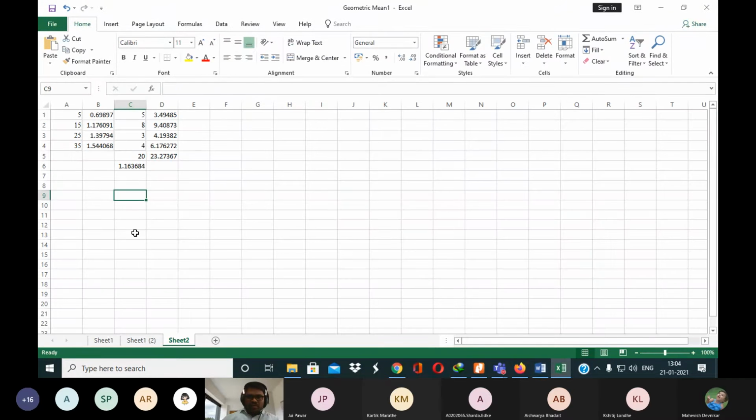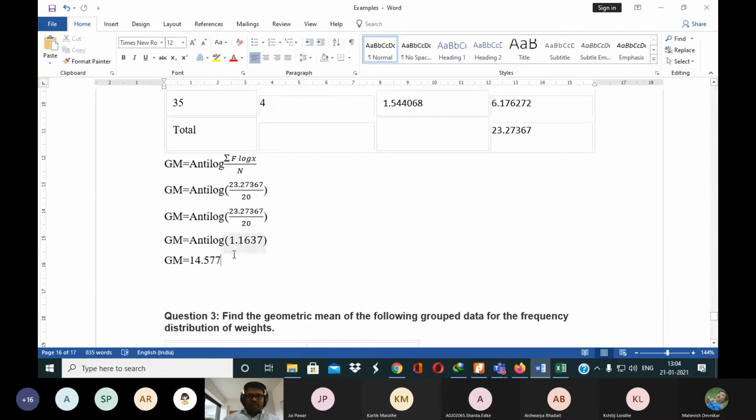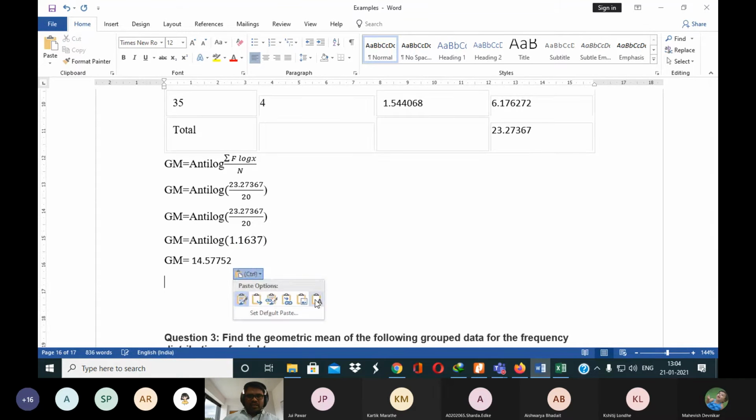For geometric mean equal to 10 raised to this value, 14.5775. Okay, so it is correct. So this answer is correct.